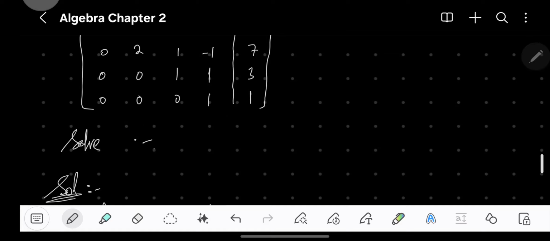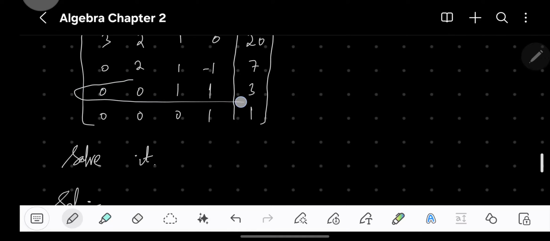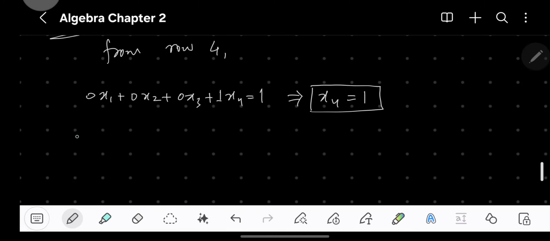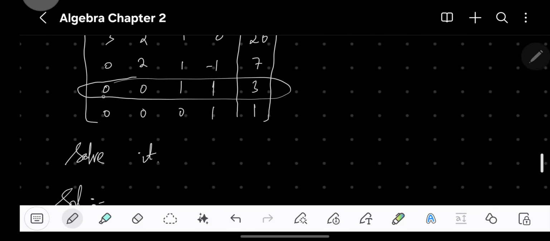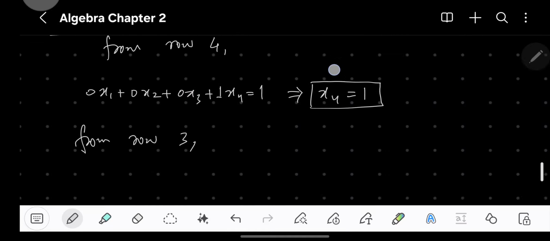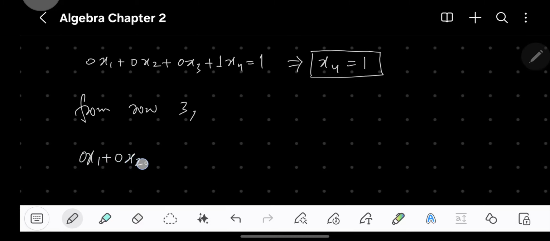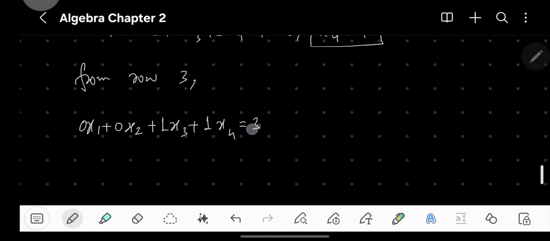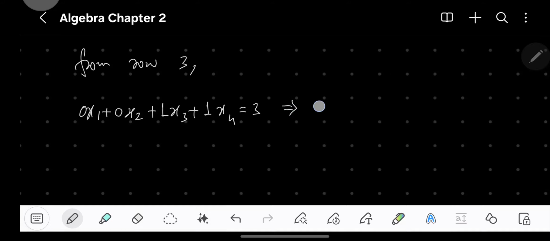Similarly, we will use row number 3. From row 3, what will I write? 0x1 plus 0x2 plus 1x3 plus 1x4 is equal to 3. That means x3 plus x4 is equal to 3.